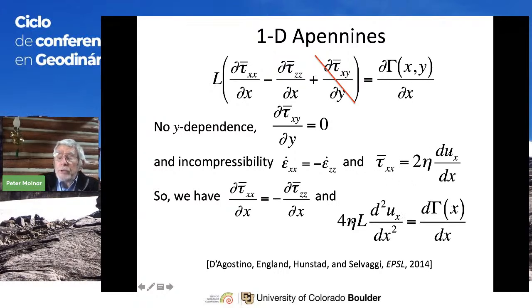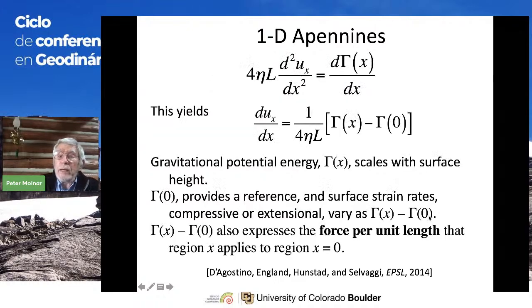And we wind up with this. We get a 4 because when we plug this value into here, we get 2 of these, and then we have a 2 here, so we get a 4 times that, times the viscosity, times the second derivative of the velocity in the x direction. That's equal to the gradient in potential energy. And obviously we can integrate that.